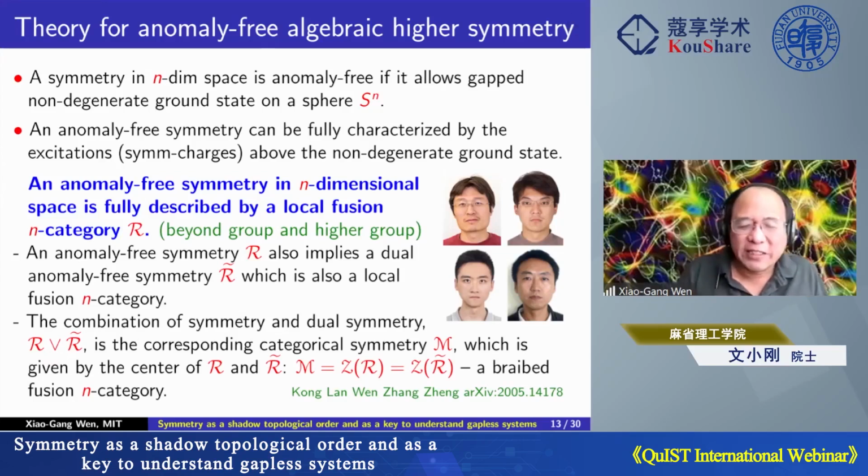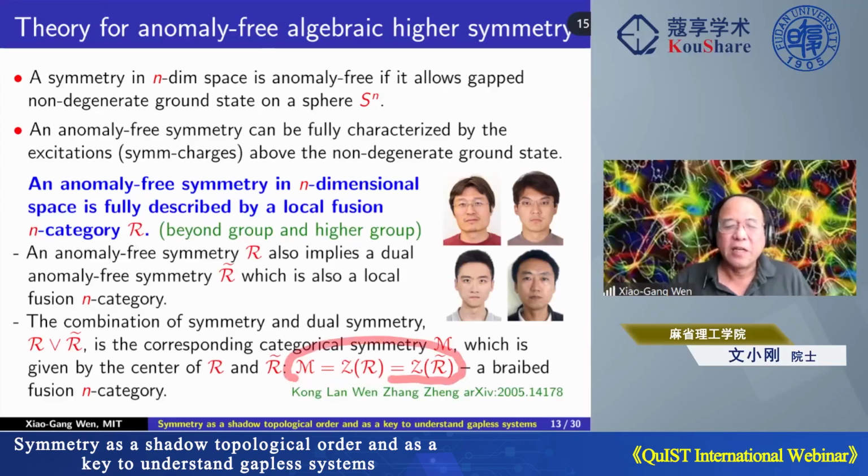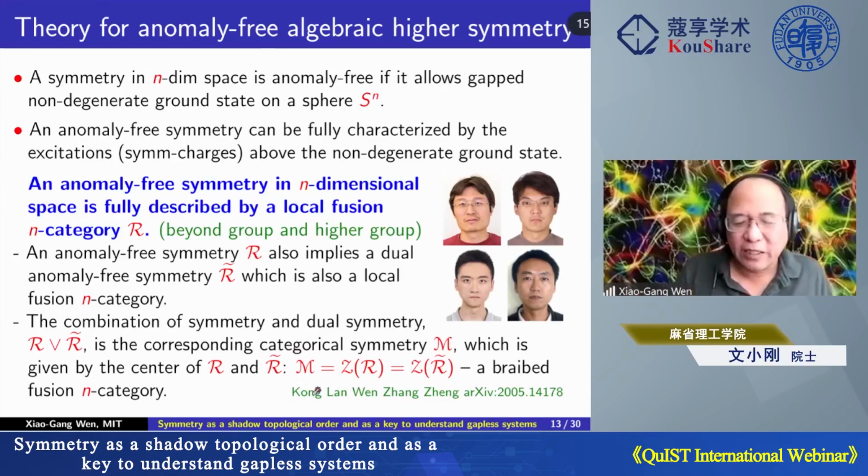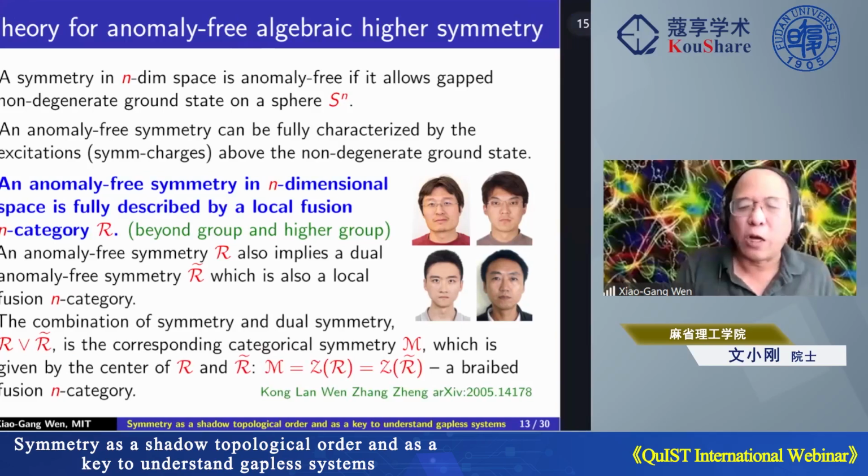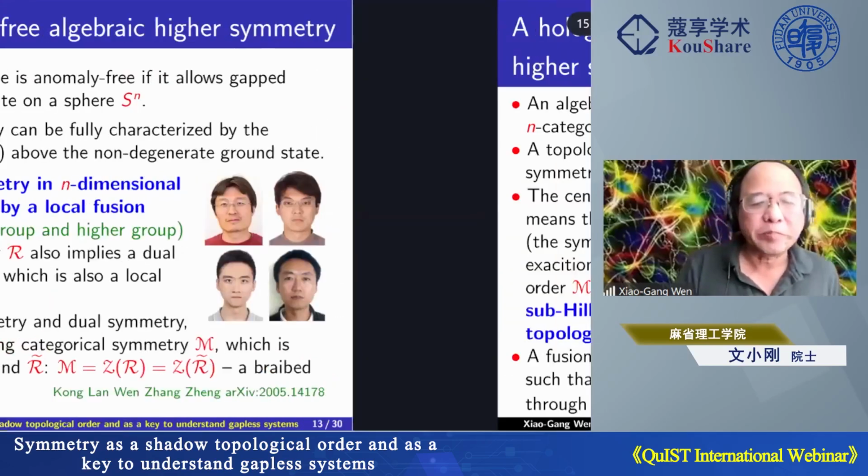Actually, this combination of the two symmetries can be defined more rigorously, mathematically, as the so-called center of R or center of R tilde. Actually, the two centers are the same. For symmetry and dual symmetry, they have the same center. And this center is a braided fusion n-category. Actually, it describes the excitations in topological order in one higher dimension. So this really led to this holographic picture.